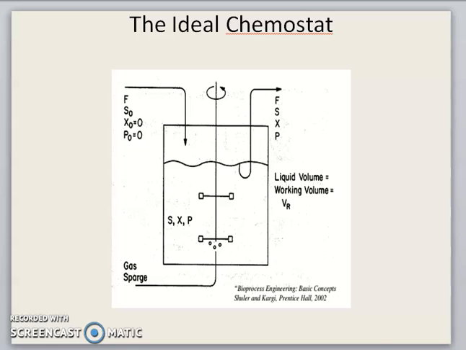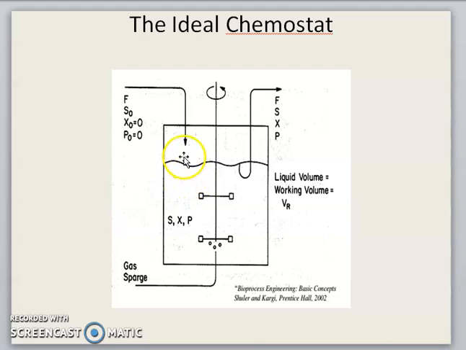This schematic diagram shows the ideal chemostat. Here we can see there will be a flow feed in and feed out. The substrate and initial cells, meaning the inoculum, will be added into the reactor.